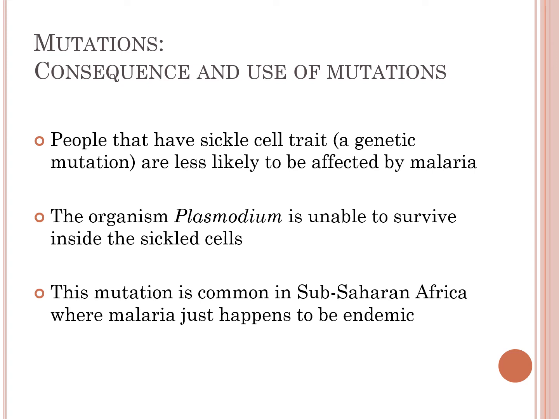The organism Plasmodium is unable to survive inside the sickled cells. This mutation is common in sub-Saharan Africa, where malaria just happens to be endemic. So, of course, the population of people there have mutated and have actually developed sickle cell trait, and so their sickle cells are not susceptible to the Plasmodium organism.